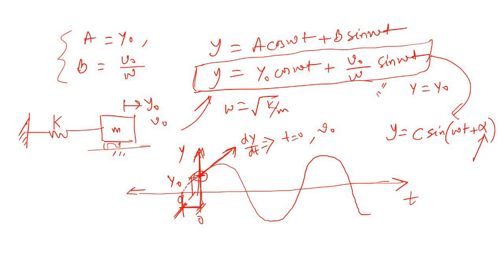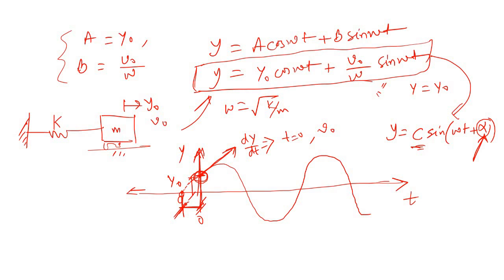That means it is ahead of its original position. So it is starting from y is equal to 0. That is why it will always have a phase angle, that is alpha. And you can easily find this constant c. How? Again, simply use the trigonometric values. From that you can find the value of alpha as well as c, right? So that's all about the undamped oscillation.